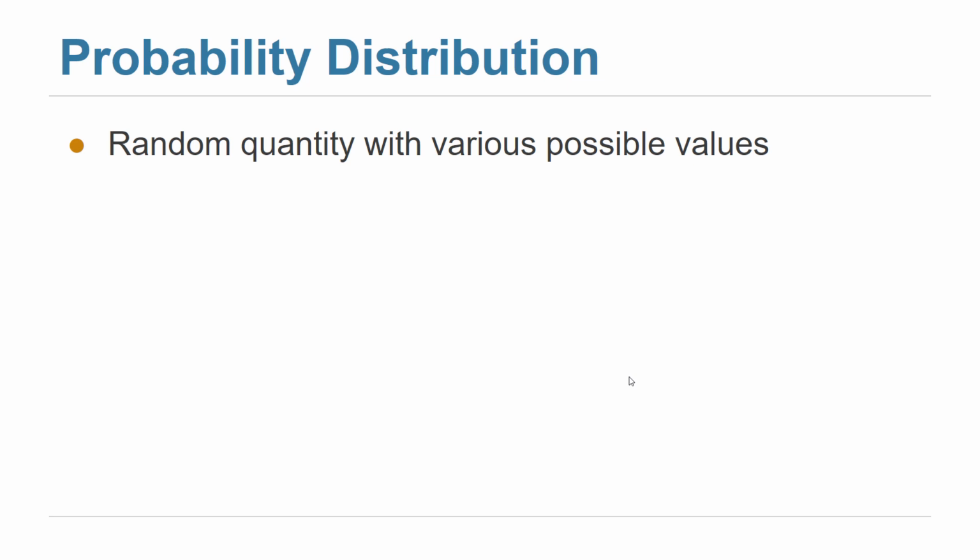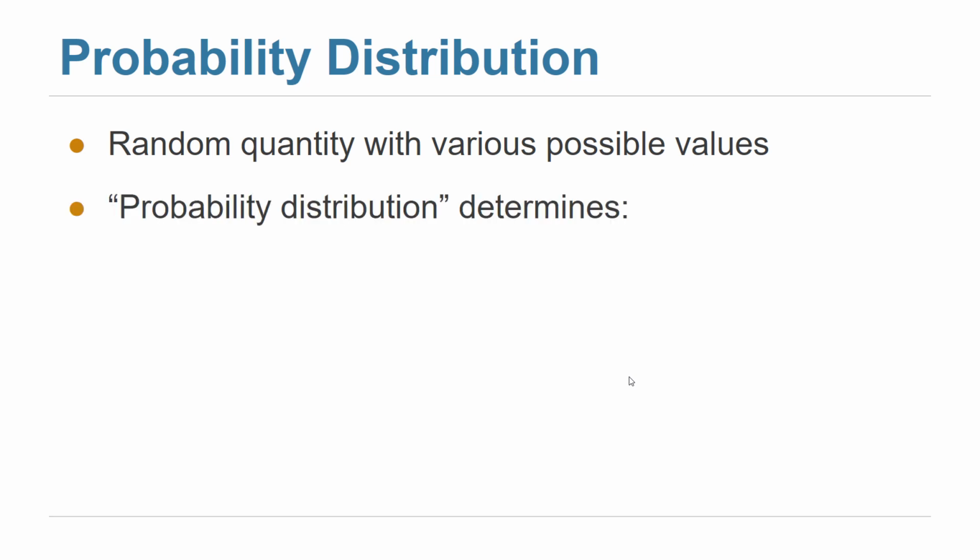So you are familiar with what we call probability distribution. So what is a probability distribution? We have a quantity, a random quantity that has several possible values. Okay, so we have a quantity that has several different values, and the probability distribution that this random variable or random quantity has determines two things.